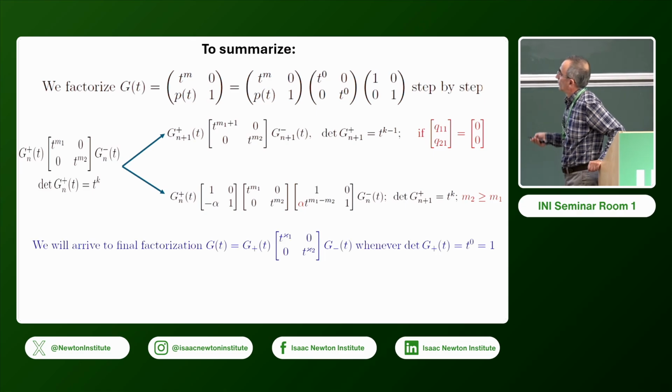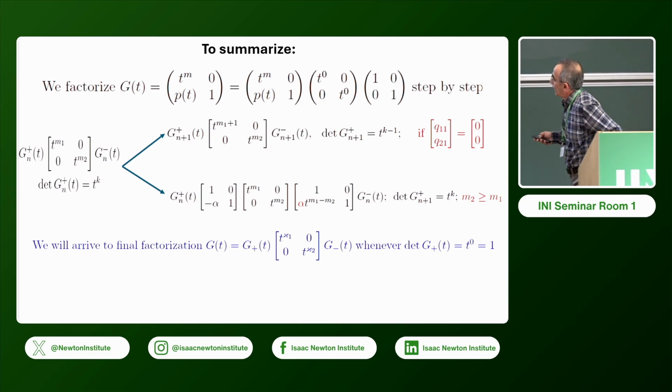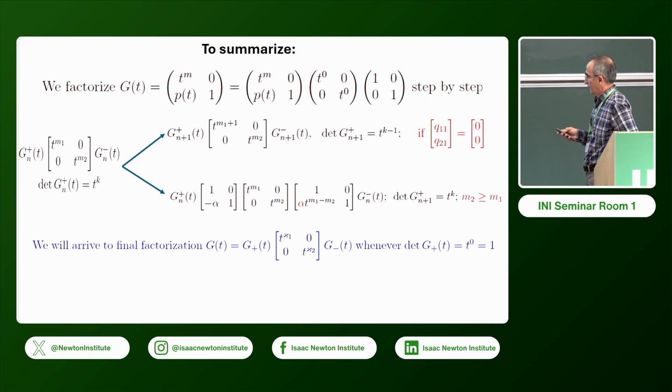The factorization will be finished when we reduce this determinant to 1. And we will arrive at partial indices.